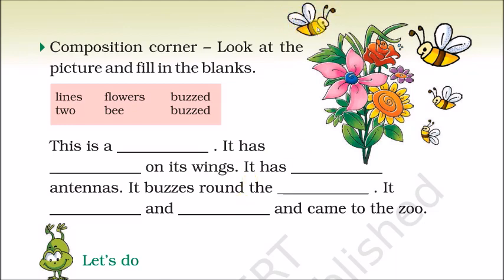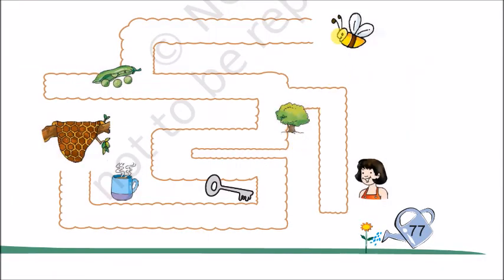It has 2 antennas. 2 एंटीना है. It buzzes around the flower. फ्लावर के अराउंड बज़ कर रहे हैं. बी को इसके घर तक पहुंचाइए.